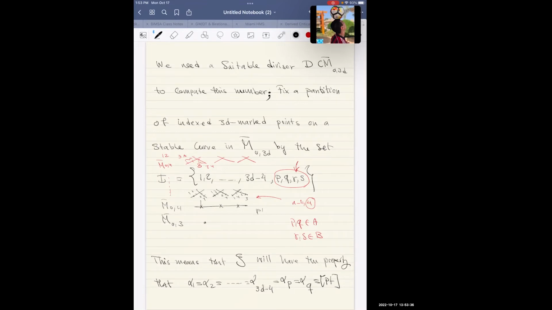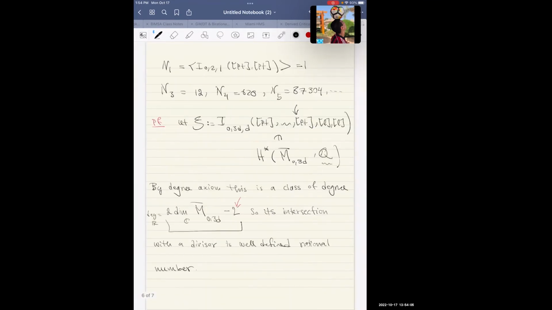And the last 2 points, remember? So it's true that these two points are part of, I have PQRS. The choice of partitioning, basically, how many ways I can put PQ inside A or RS inside B, or PR in A, QS in B, or PS in A, QR in B, and so on. These give you divisors, right?